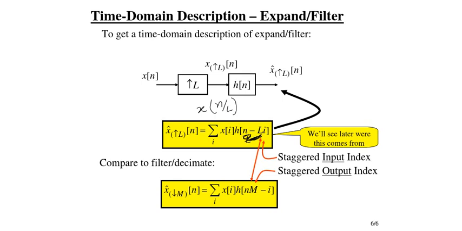If you compare this interpolated output with the decimated output, the input is the same, but in the filter you can think of designing or storing the filter. For interpolation we stagger the input index, and for decimation we stagger the output index. Okay, so I will close.